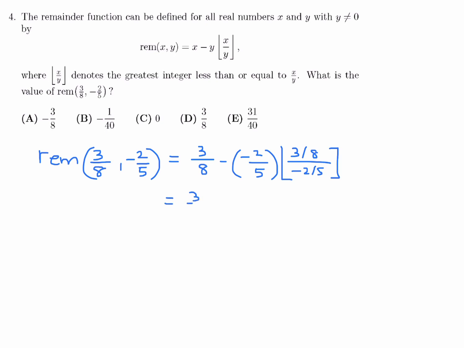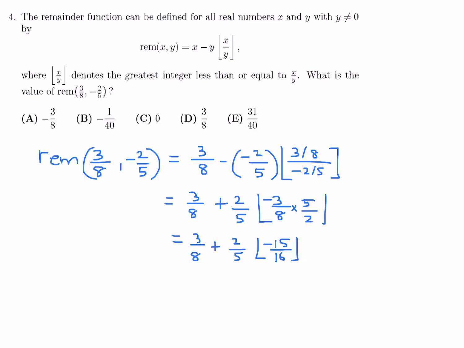Okay, so this becomes positive, and then in that bracket we have 3 over 8 over 5 over 2 if you cross multiply, and then there's going to be a negative in there. So that's negative 15 over 16?